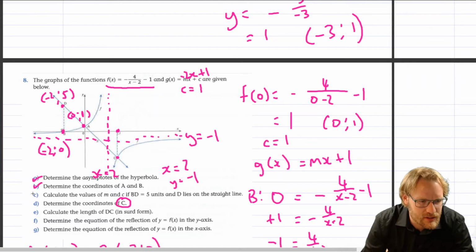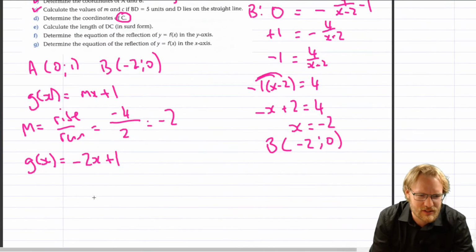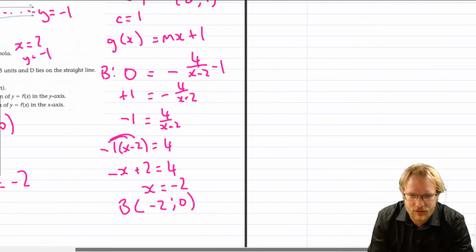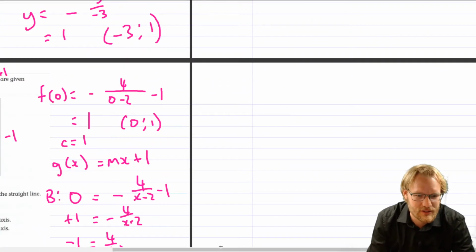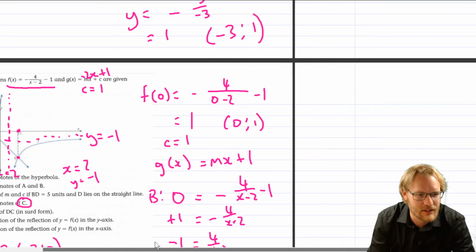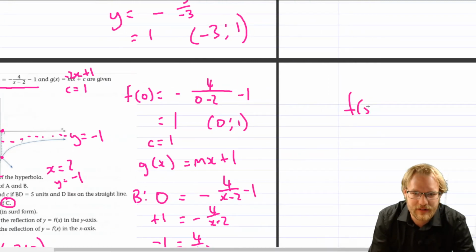Determine, what have we done? Tick, tick, tick, we've done so much. Determine the coordinates of C. Okay, for this we said where the graphs are equal to each other, f(x) equals g(x). I'm going to put this all the way across here because simultaneous equations take a while. When does f(x) equal g(x)?